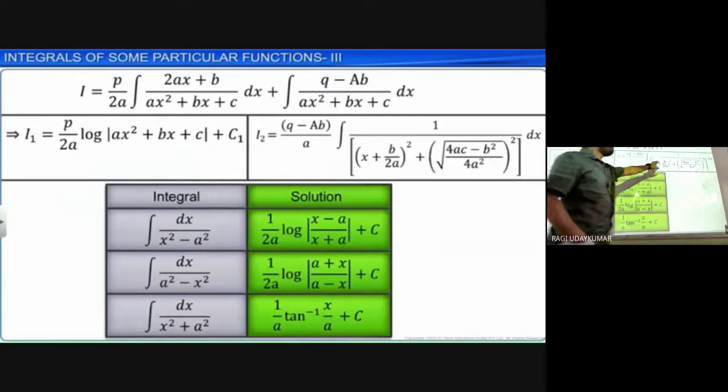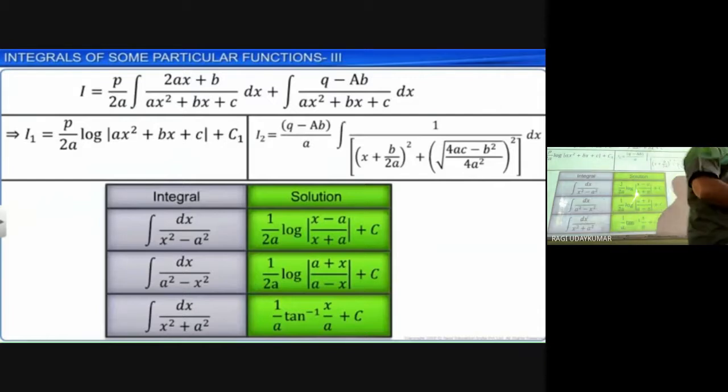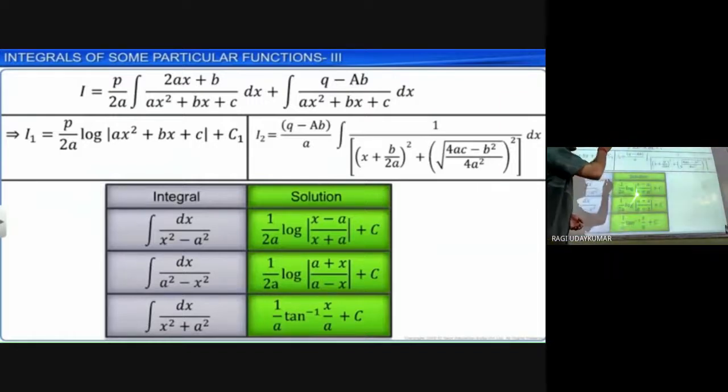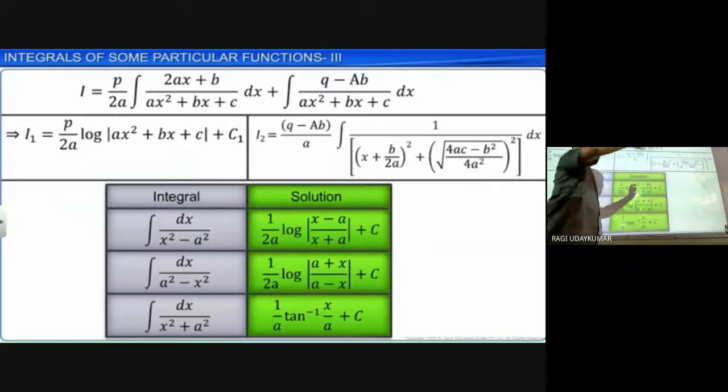This is the second part, but here this is complete. See, this is x plus b by 2a, right? Sir, you may get a doubt: sir, where did this x plus b by 2a come from? Completing square method. While solving the problem you can easily understand here. You have to write this ax square plus bx plus c using the completing square method, in the way we split it. In the same way we need to split here.